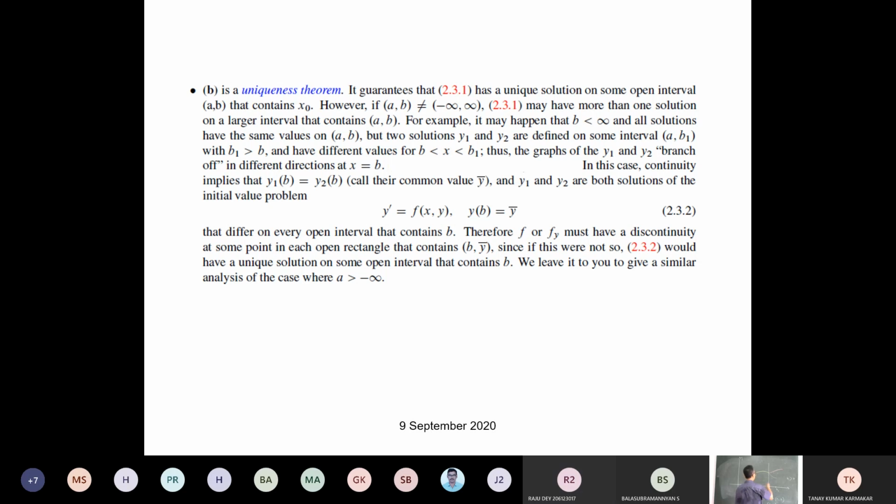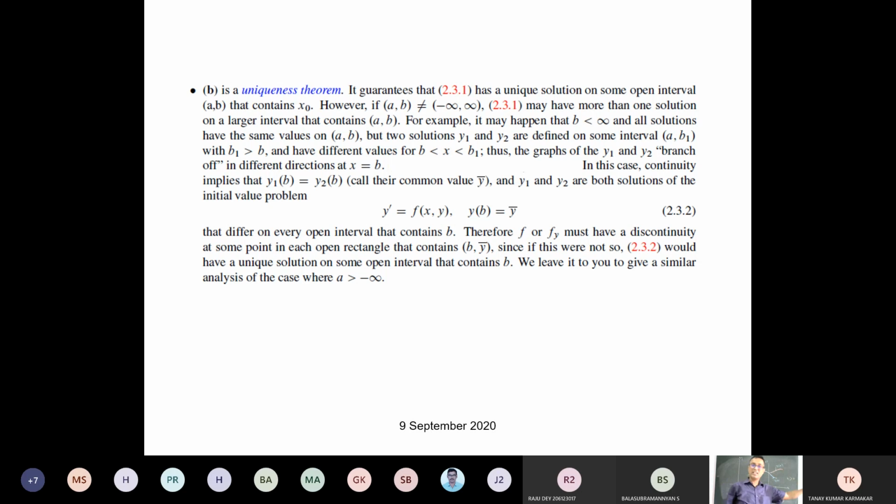So that means you may have a solution curve in the entire interval a comma b1, like, say, given by this pink curve, and another solution curve given by the blue curve, where suppose I am calling this y2(x), and this y1(x), and these solutions are such that y1(b) equals y2(b).